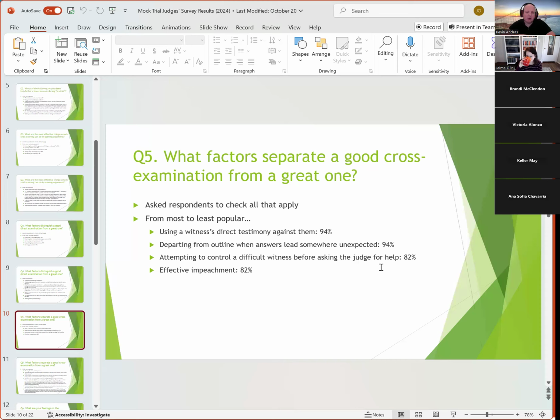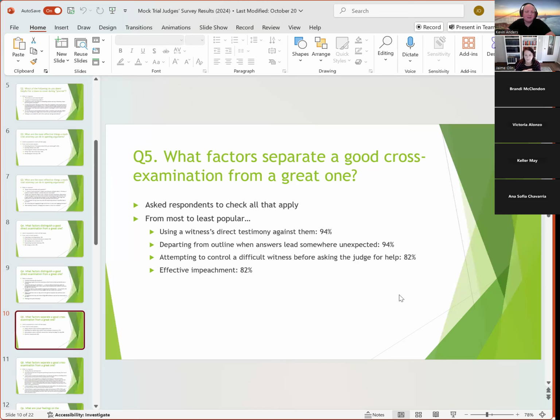So cross is important. It's a chance to set the record straight, essentially, based on the way that you think the record is. Everything Jamie said is accurate, and I agree with this list.